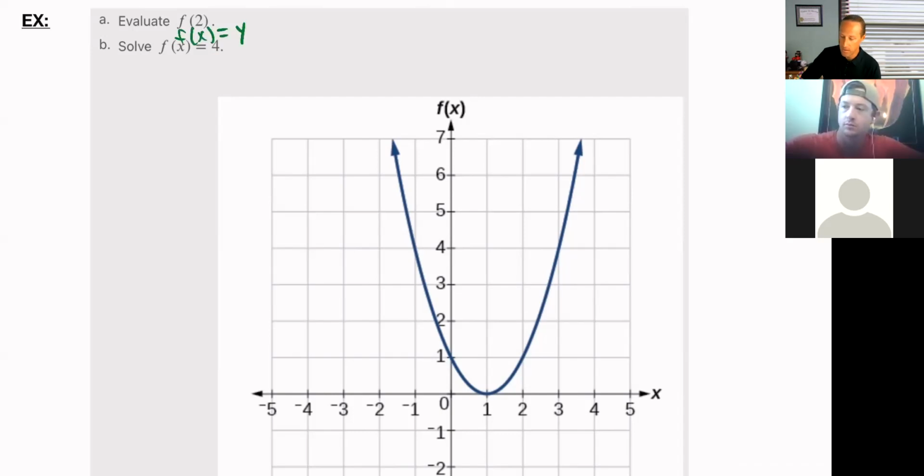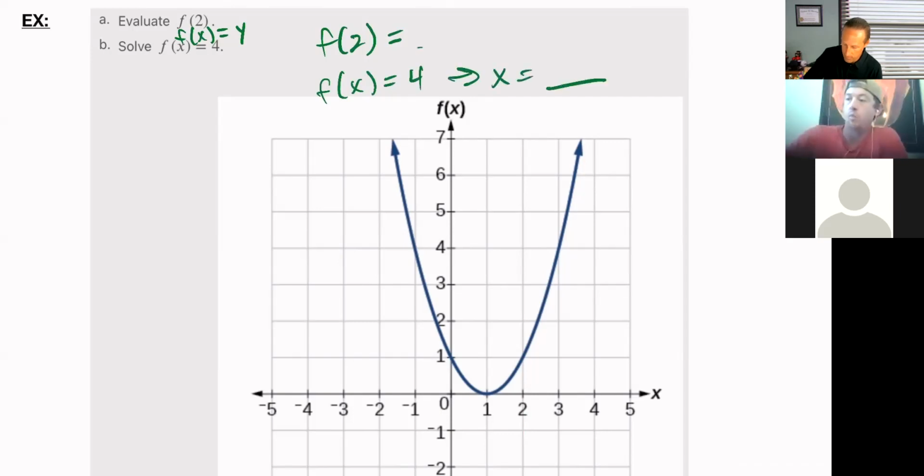That's what Alan told me. And therefore you will know, hey, this is giving me the x, and it wants to know the y value. And as long as you know that I gave you the x is 2, then you will go 2 to the right, and then you will either go up or down until you hit your graph and give me what comes out, that output. So this first one up here, what is f of 2? 1. Good, pretty easy. When x is 2, I get out a y value of 1.